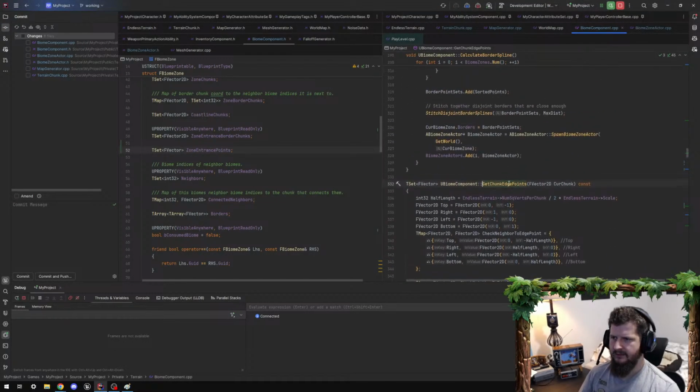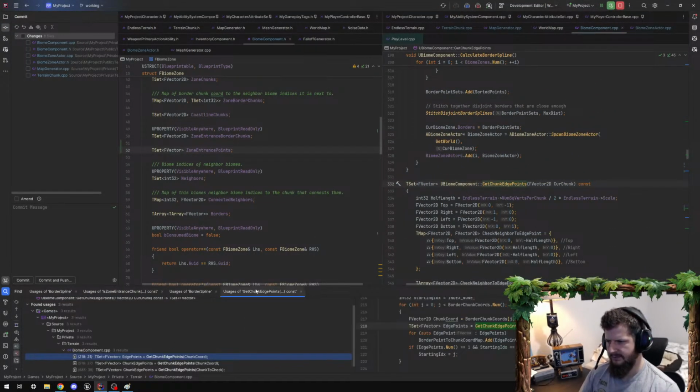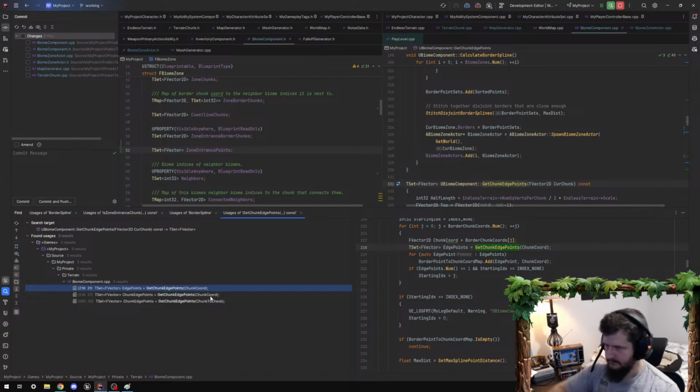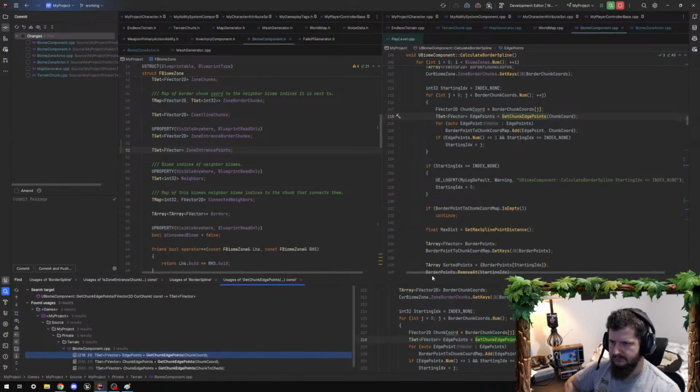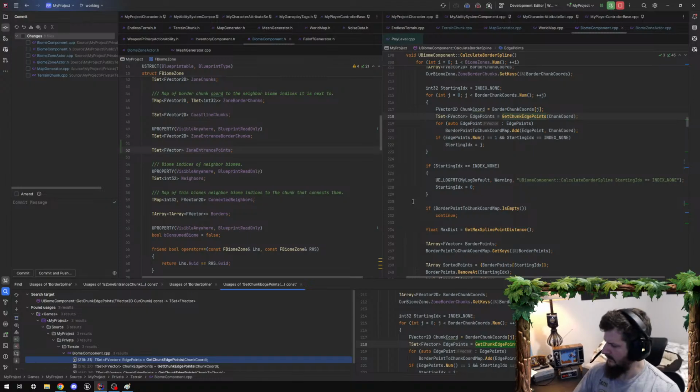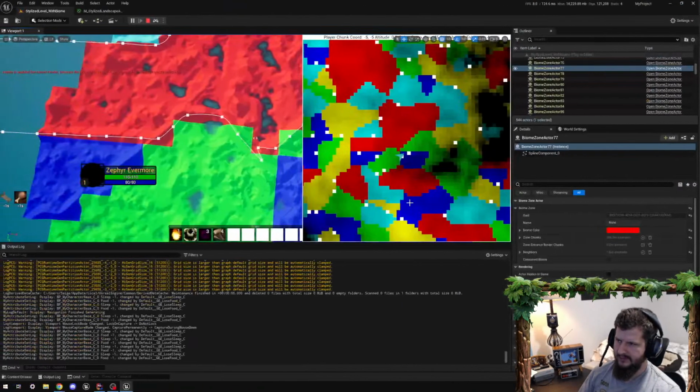And I guess am I using this function when I'm building the splines? Yeah, I am. So that explains that. Okay, so they are being randomly offset.